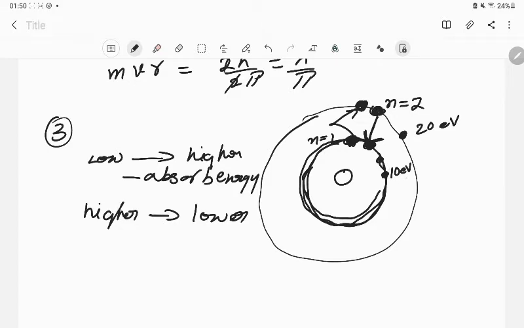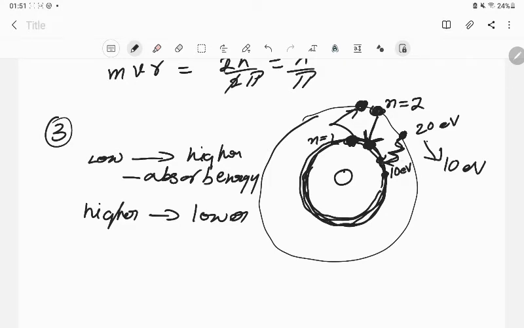So this 20 electron volt electron has to give out 10 electron volt energy so that it becomes 10. When it releases 10 electron volt energy, its energy is reduced to 10 electron volt. Then only it can move to a lower energy level.